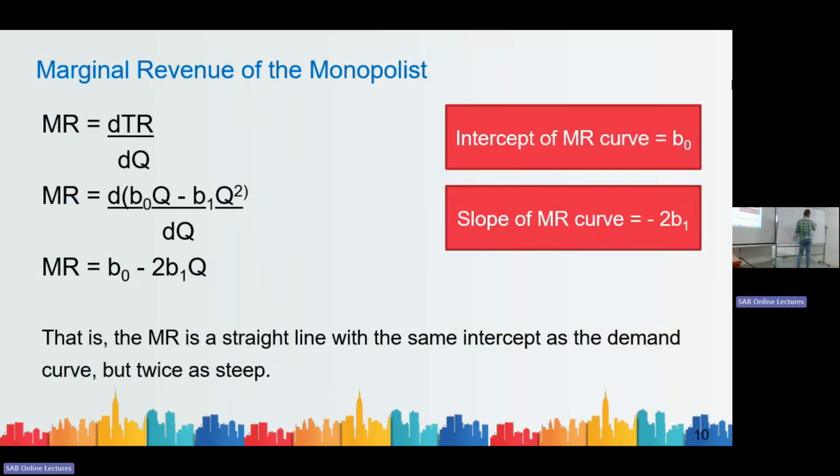So the vertical intercept is 10. That means when quantity is 0, how much is the price? When we substitute 0 for Q, this entire part becomes 0. Then what we are left with is only 10. So when Q is 0, price will be 10.